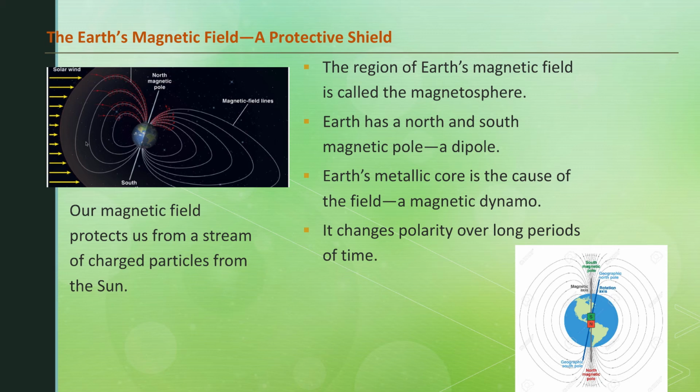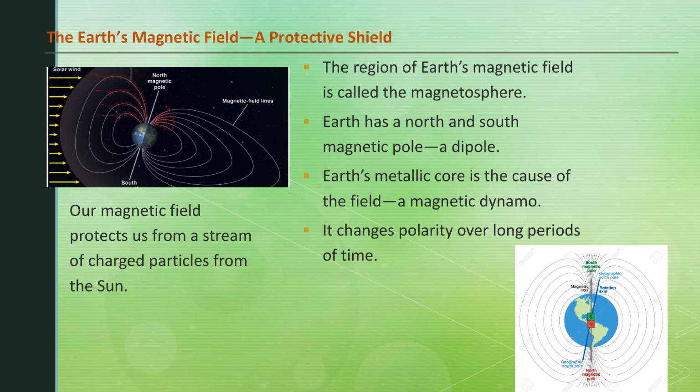Then your field lines will look very much like this. These big curly lines, and they're protecting us from charged particles from the sun, because those are not good for us. So we do not want to be bombarded by charged particles. That would give us cancer and probably would have killed early life off, and we wouldn't be here.